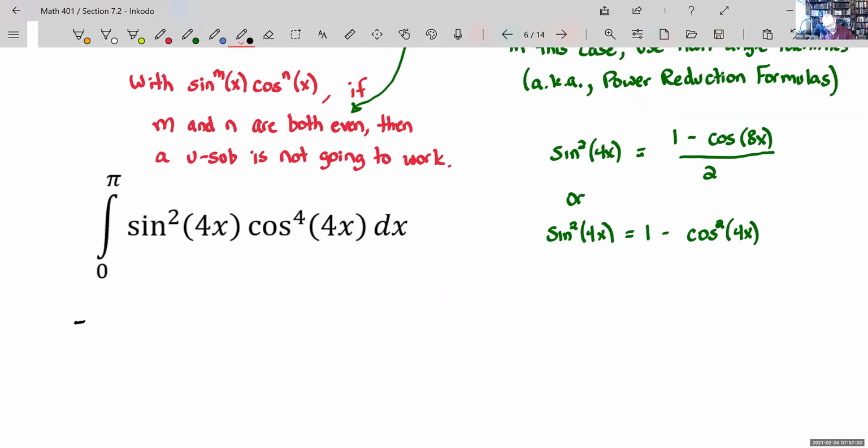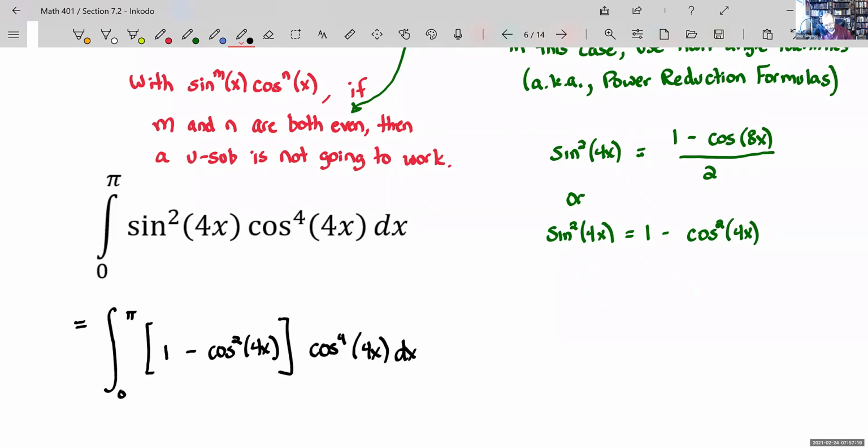So this will be equal to the integral from 0 to pi of 1 minus cosine squared of 4x times the cosine to the 4th of 4x dx.